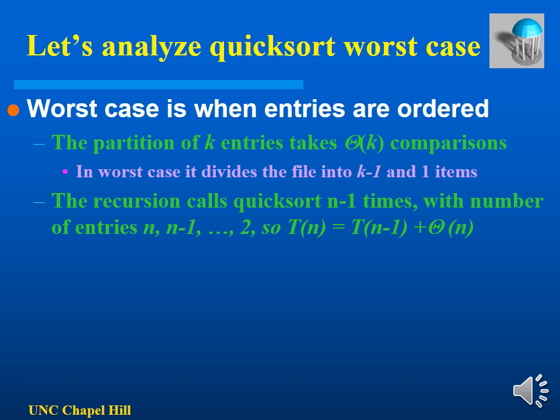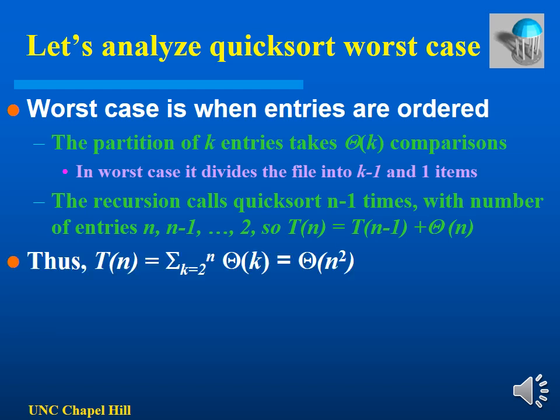That is to say, we have an overall cost, for k equals 2 to n, for the files of size n minus 1 down to size 1, of theta of k work.